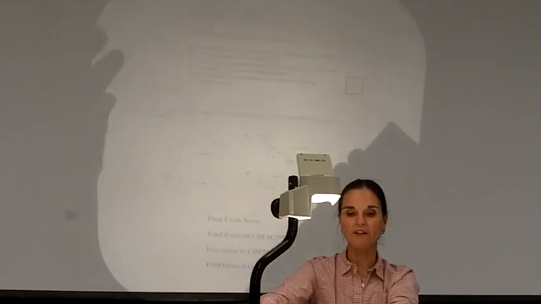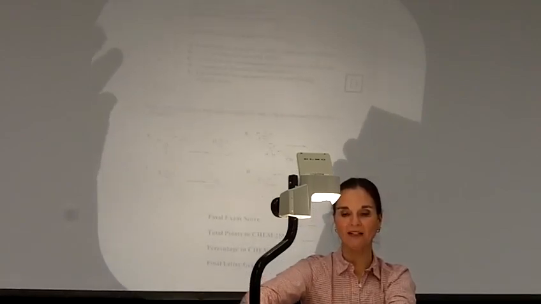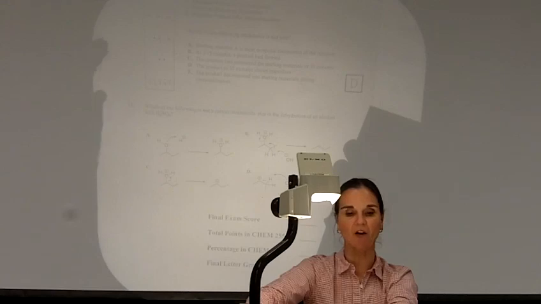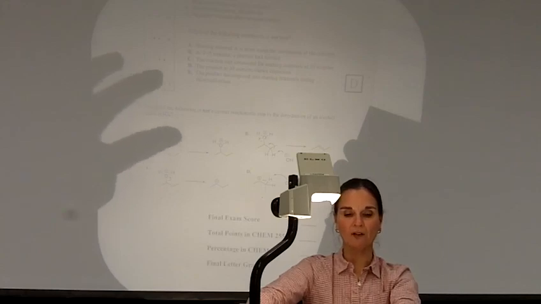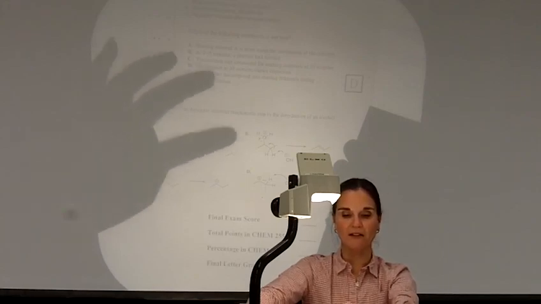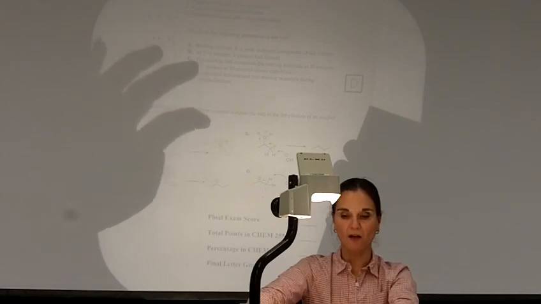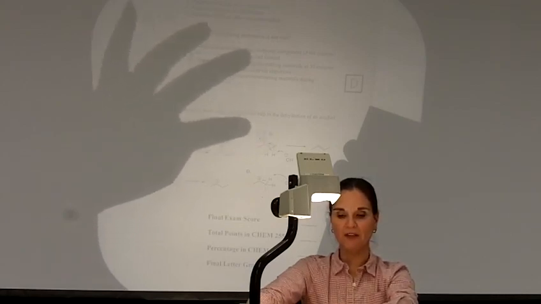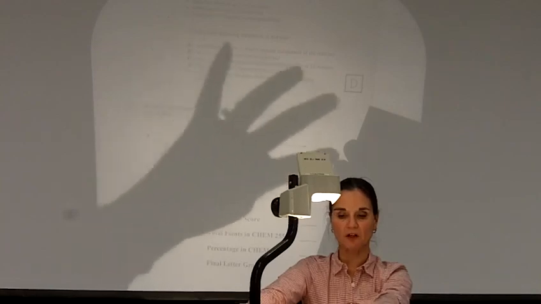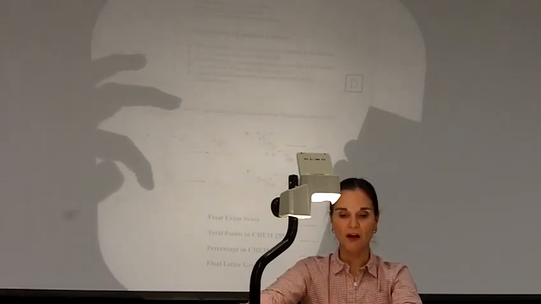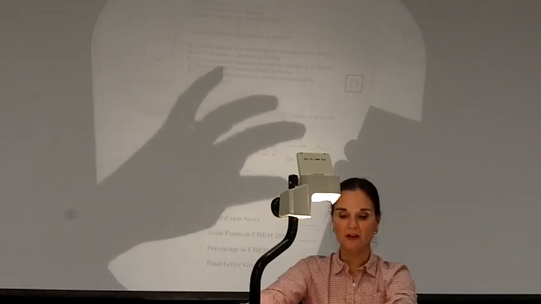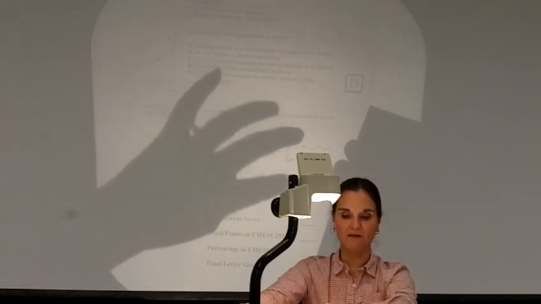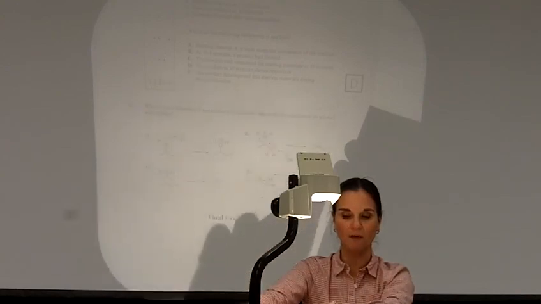All right, which of the following is not a correct mechanistic step in the dehydration of an alcohol with sulfuric acid? So A, the alcohol reacts with the acid to form water. B, we've got water leaving, and we also have the deprotonation occurring. C, we have water leaving, forming our carbocation. And D, then we have either water or the conjugate base of our acid deprotonating to form the alkene.